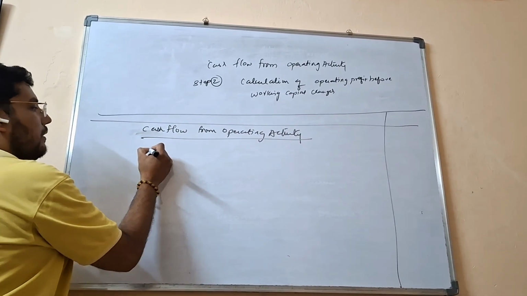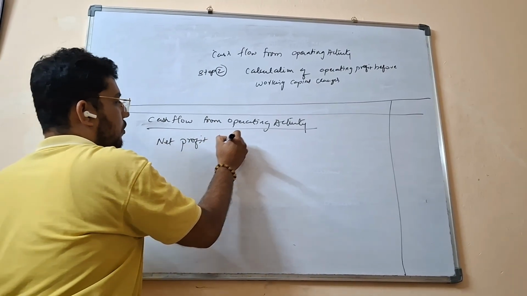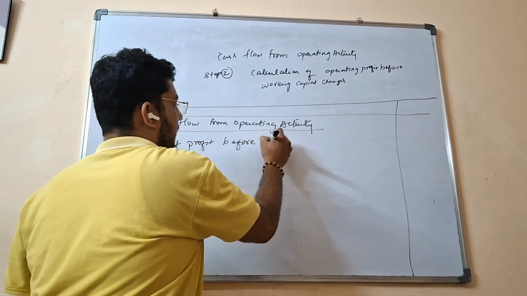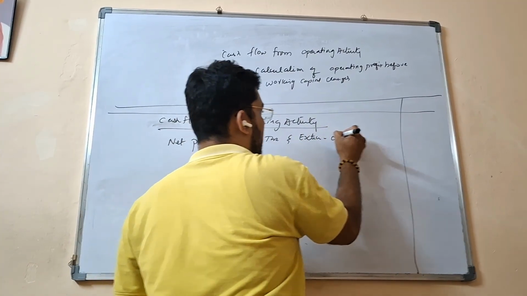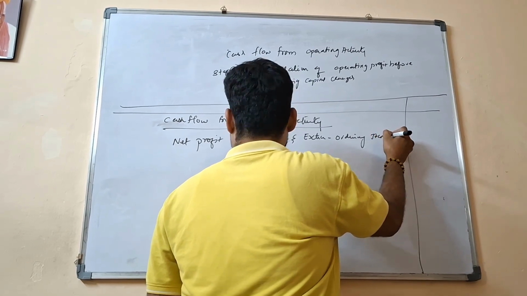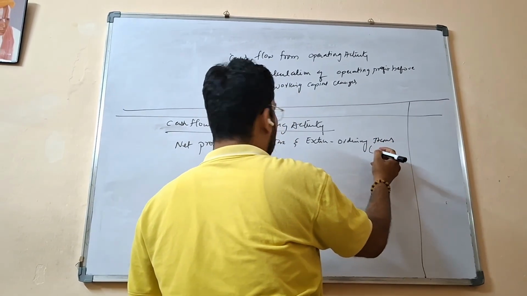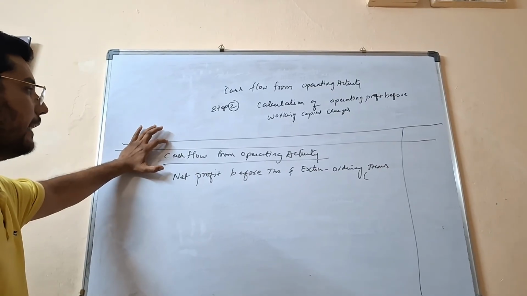So net profit before tax and extraordinary items, which we did in step 1 and step 2, that is net cash flow from operating activity.